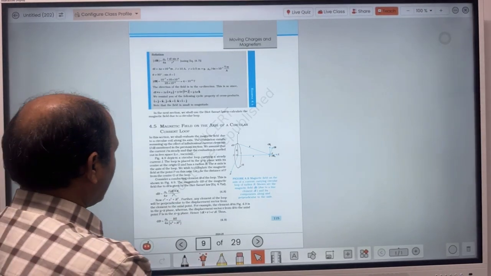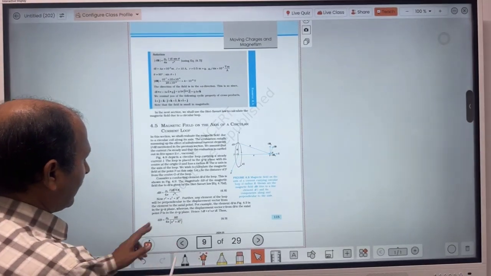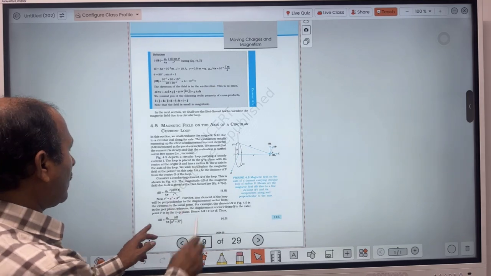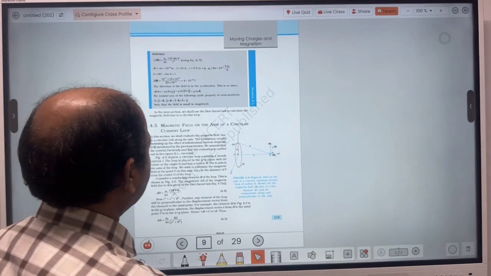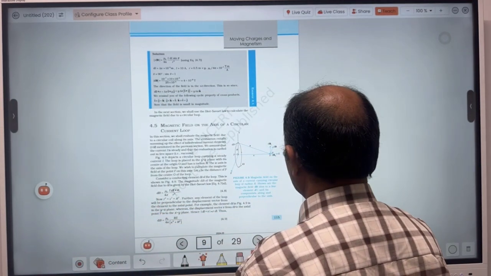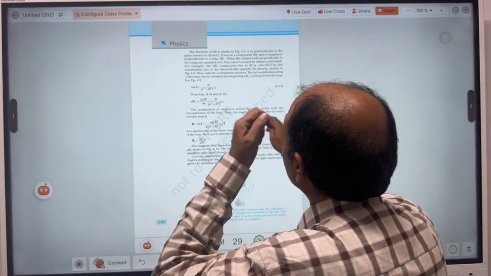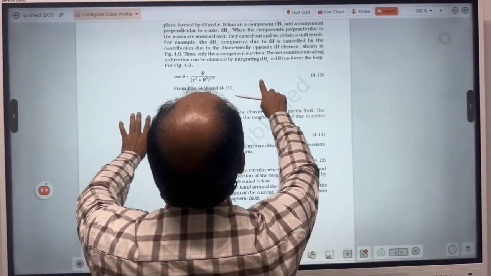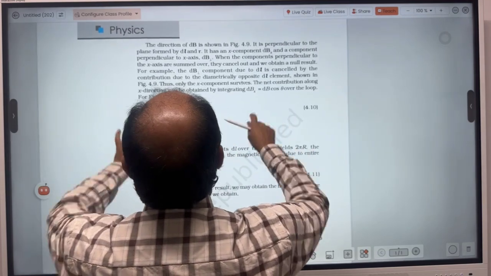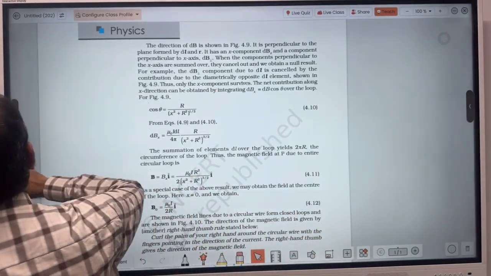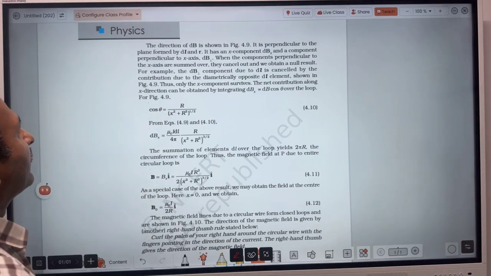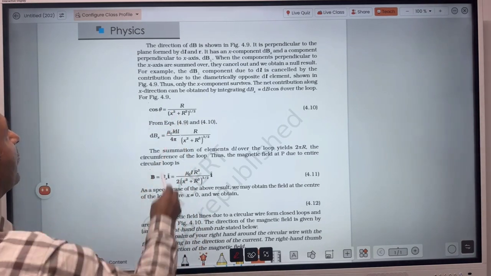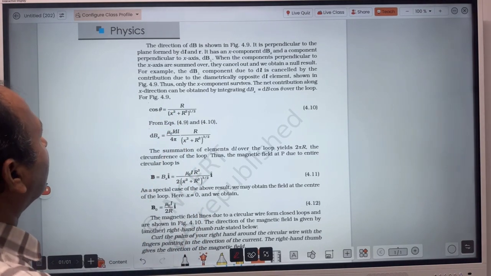So that value we are going to put here, and then we will integrate to get the total magnetic field due to this ring. Here the same thing is explained. So cos theta will be R divided by x square plus R square whole power half.